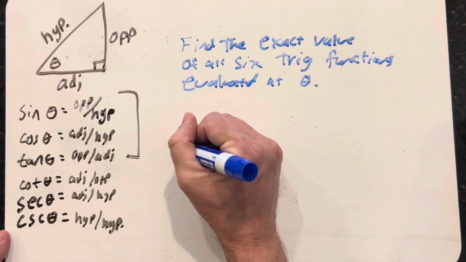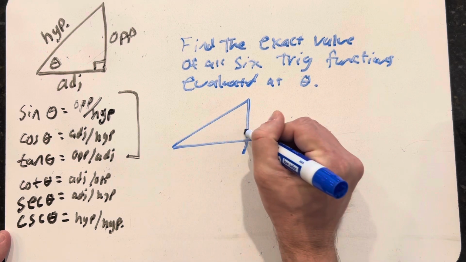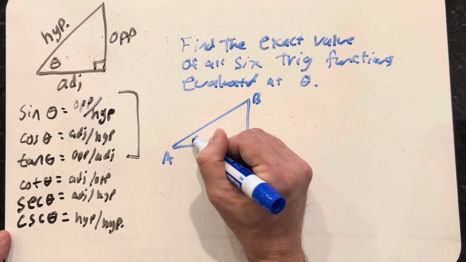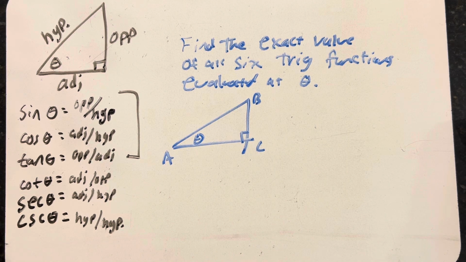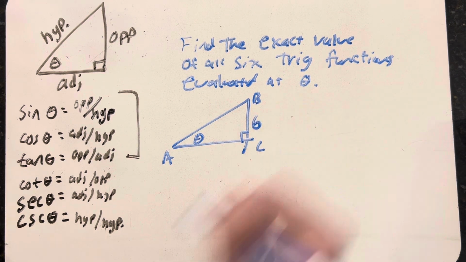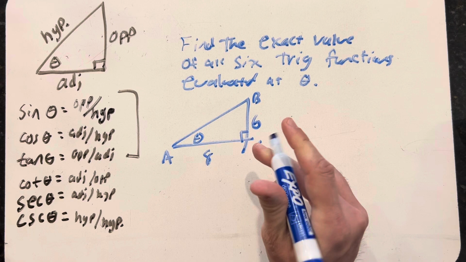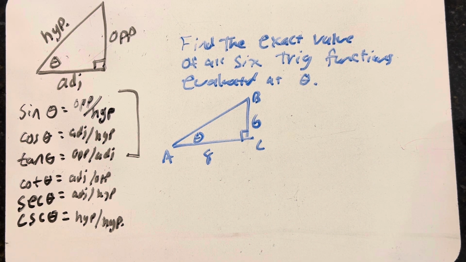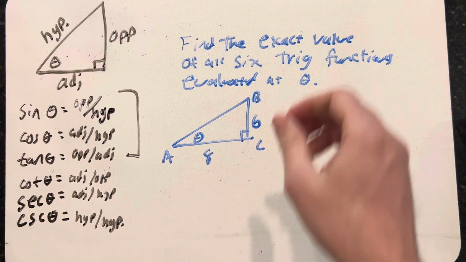All right, well, let's say I had a right triangle ABC. And let's let this be the angle I'm worried about, theta. I'm going to tell you that this side is 6 units long and that this side is 8 units long. We're asked to find the exact value of all 6 trigonometric functions evaluated at that angle.